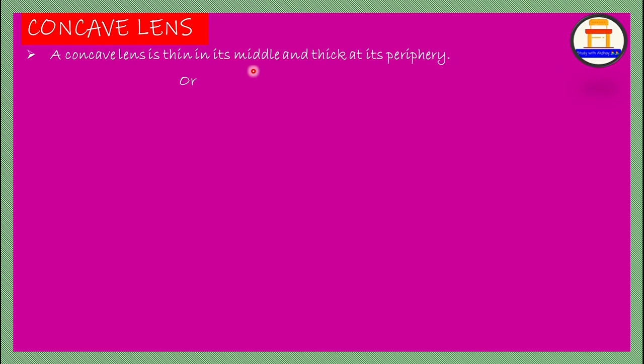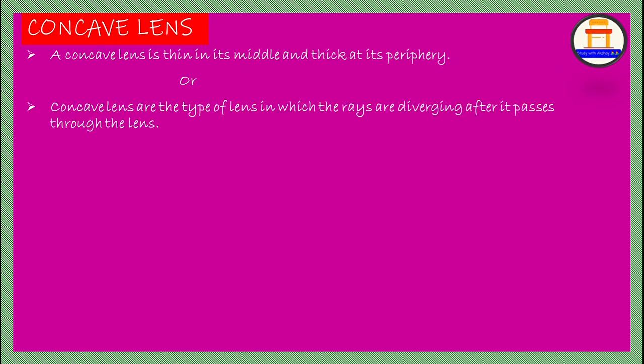In other words, concave lenses are a type of lens in which the rays diverge after passing through the lens. How does it diverge? We have specific diagrams for it. Let's learn through those diagrams as well.